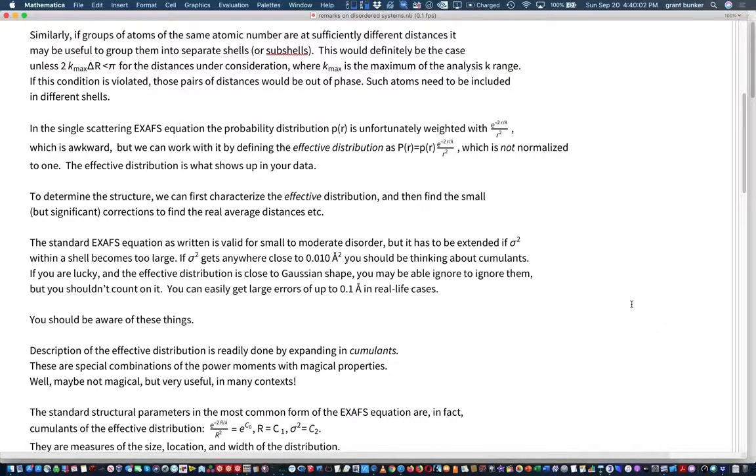Now, if you're lucky, your effective distribution may be close to a Gaussian shape, and in that case you may be able to ignore them, because cumulants higher than second are 0 if the effective distribution is Gaussian. But you certainly shouldn't count on it.